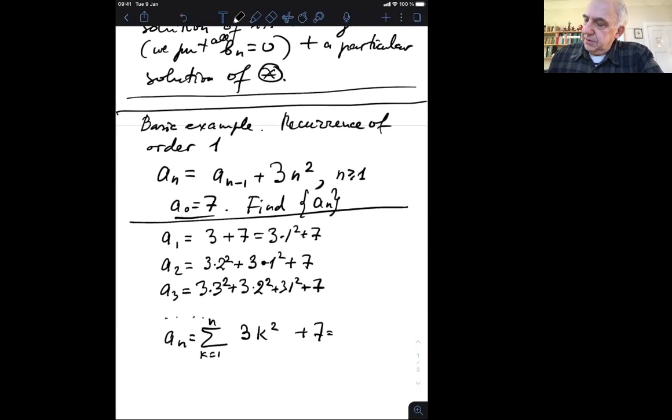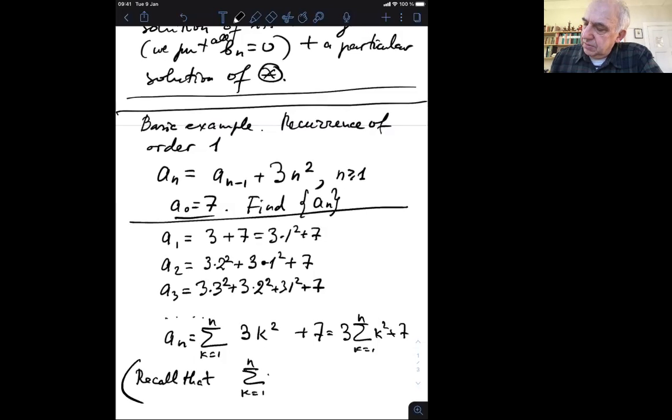Okay? So this is 3 times the sum for k from 1 to n of k squared, plus 7. If you remember, we had a formula for the sum. Recall that the sum from 1 to n of k squared is given by the following formula. We did this last time, if I remember correctly: n times n plus 1 times 2n plus 1, 1/6 of that.